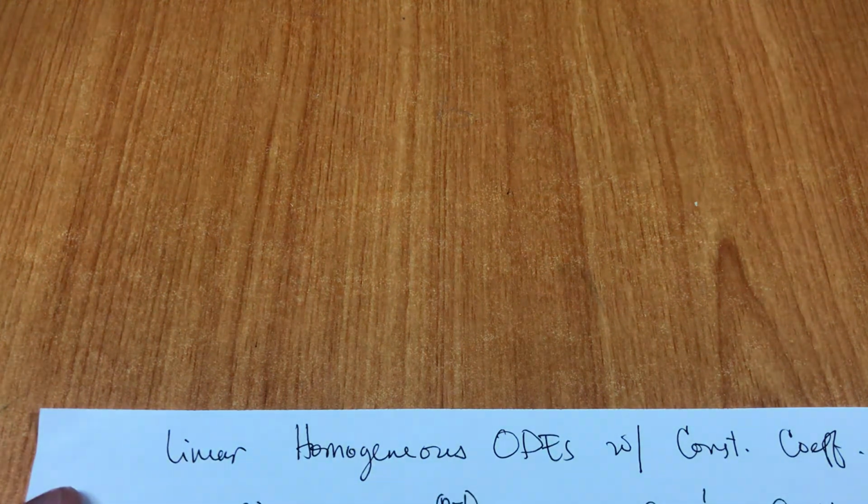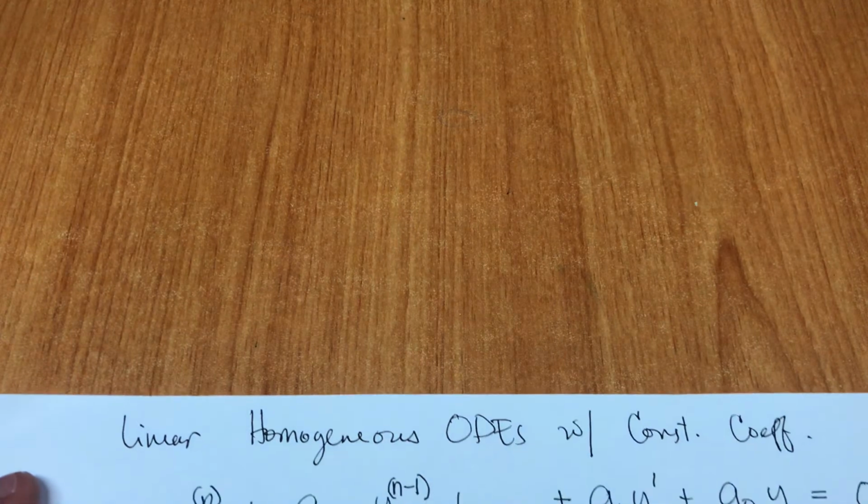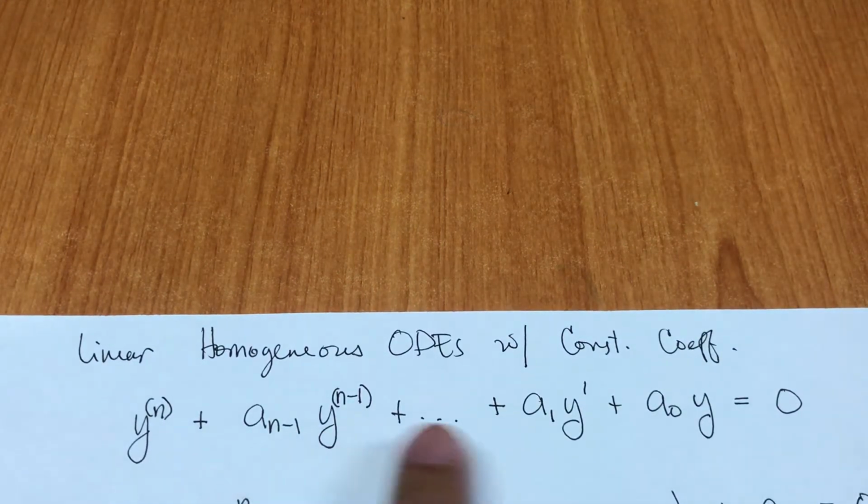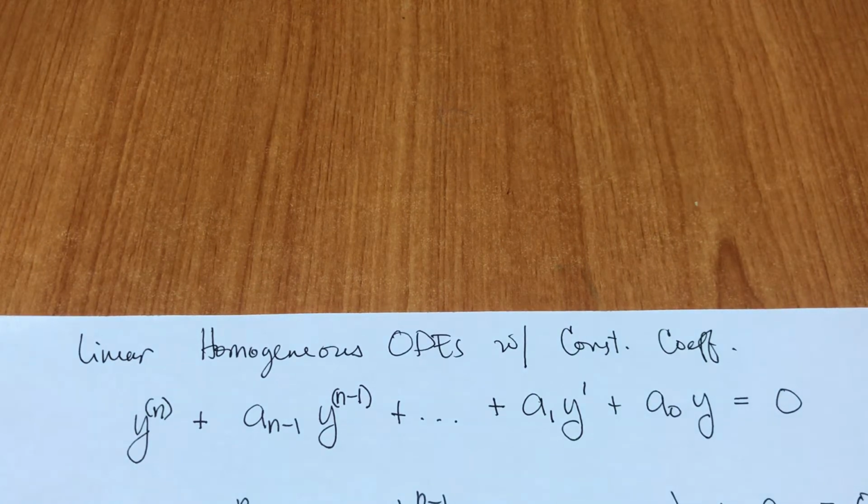In studying nth order linear ODEs, for the meantime, let us limit our attention or focus only on linear homogeneous ordinary differential equations where these are constant. So we call them linear homogeneous ODEs with constant coefficients.